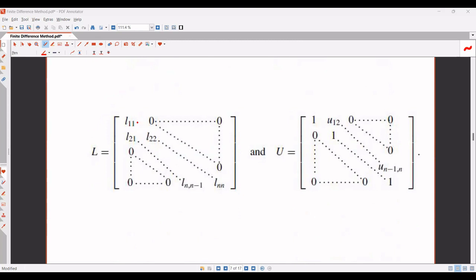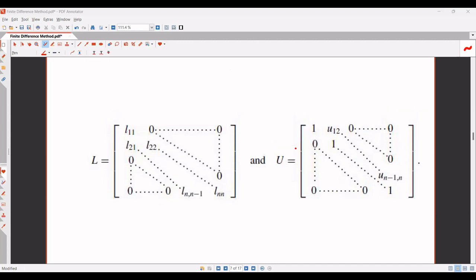In general cases, these entries are not zero. For any general matrix A, these entries here are not zero, and these entries here are not zero. In case of a tridiagonal matrix, we can consider these to be zero already. You can understand that, I hope.